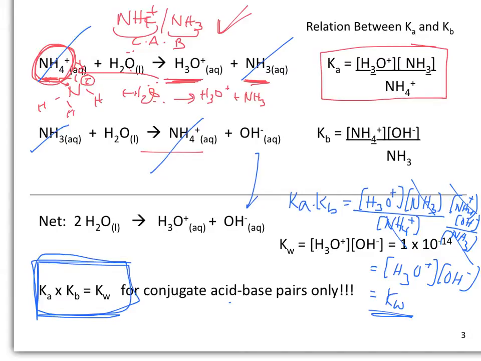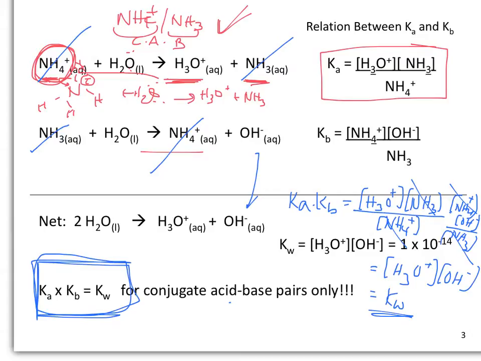What that means is that if you have the ammonia-ammonium system and the Ka of the ammonium ion is given to you, you should be able to calculate the Kb for ammonia by using this relationship by simply dividing 1 times 10 to the negative 14 by the Ka number.